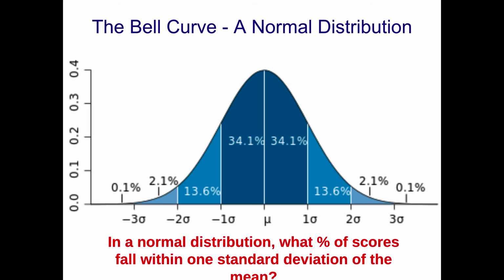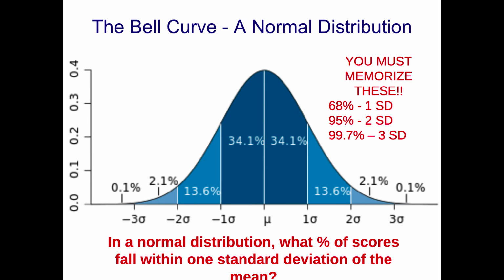So this is what we call a normal distribution or a bell curve. In a normal distribution, about 68% of your scores will fall within one standard deviation of the mean. 95% of scores will fall within two standard deviations of the mean.